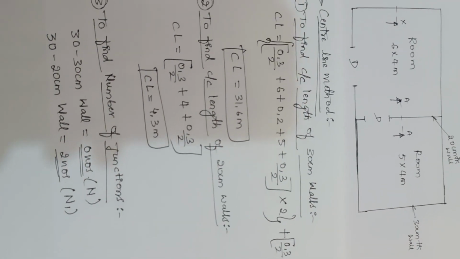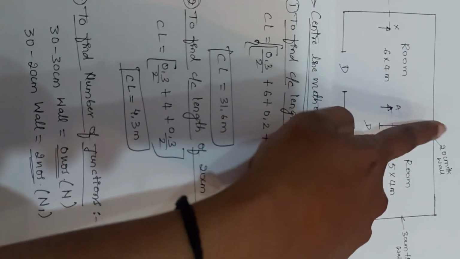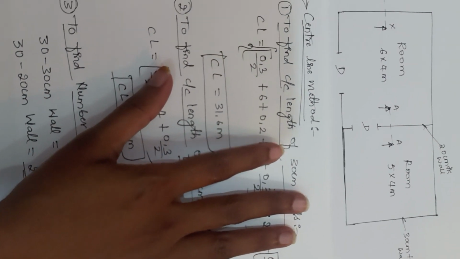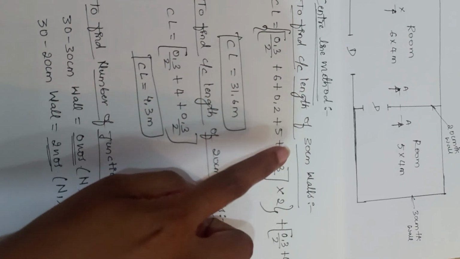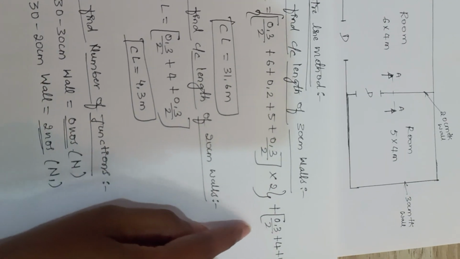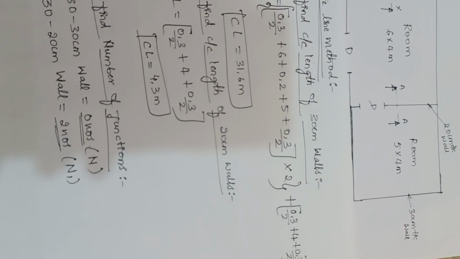Here you have two horizontal walls of the same length, the bottom one and the top one. Since both walls are of the same length, you multiply the entire calculation by two. Now let us consider the vertical distance of the 30 centimeter wall.